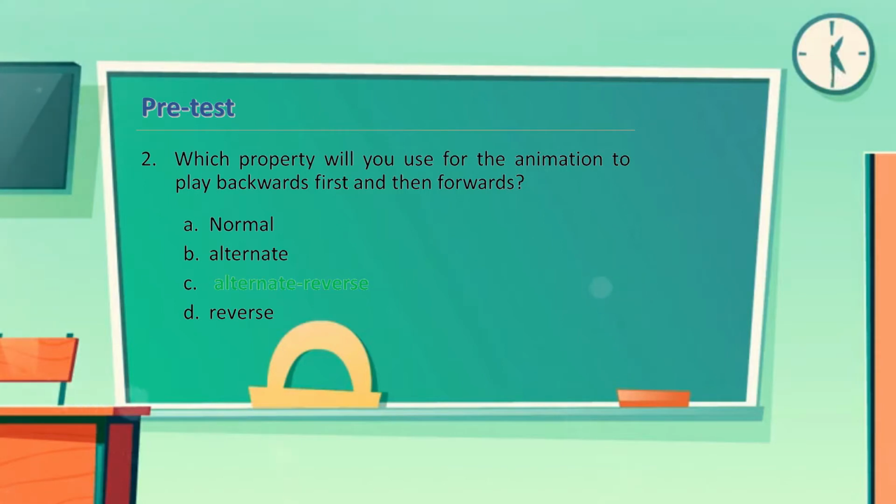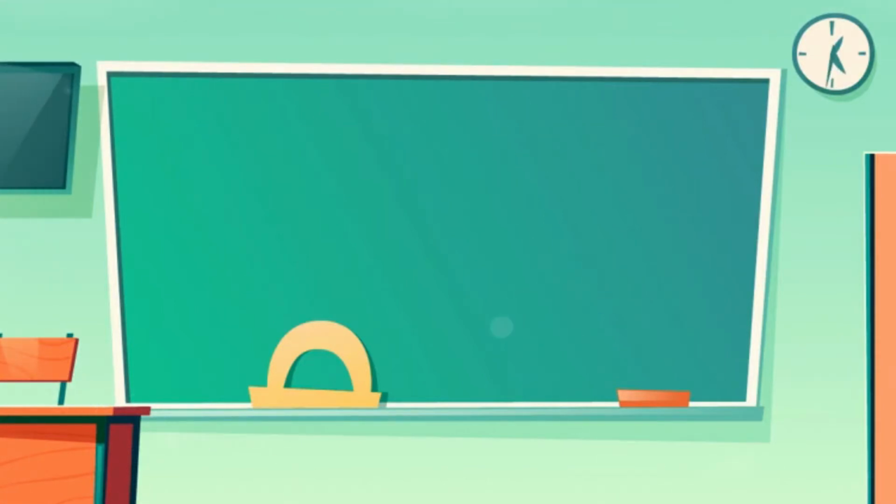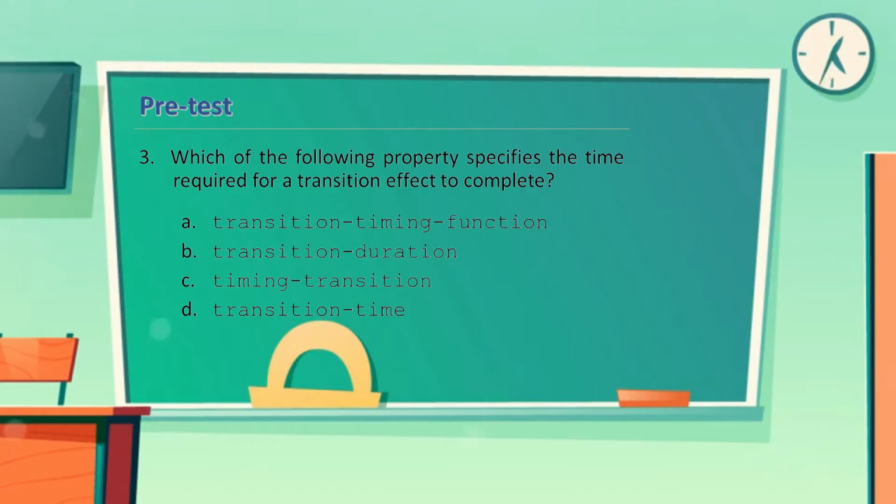Alternate reverse. Number 3. Which of the following property specifies the time required for a transition effect to complete? Letter A, transition timing function.